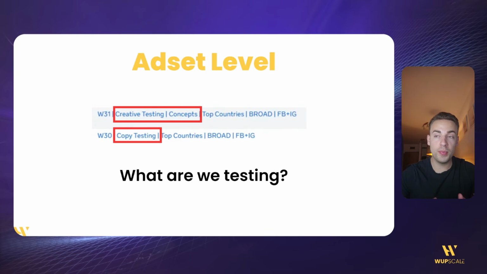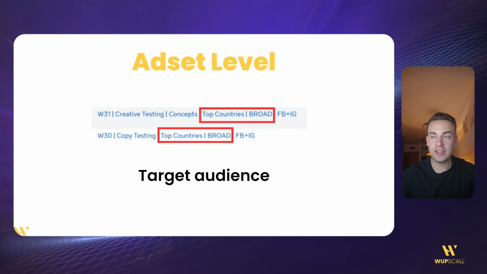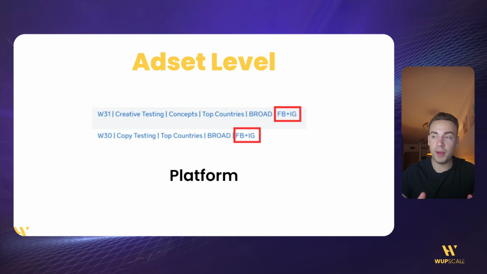So we had a copy testing, and after that I had a creative testing where I was testing multiple concepts. Then I mention the target audience, and as a top practice I just used tier 1 top countries and a broad audience, so no interests, just broad targeting. And lastly, I have the platform that I'm advertising on. For these campaigns I'm doing Facebook and Instagram, but you can also use Advantage Plus here.